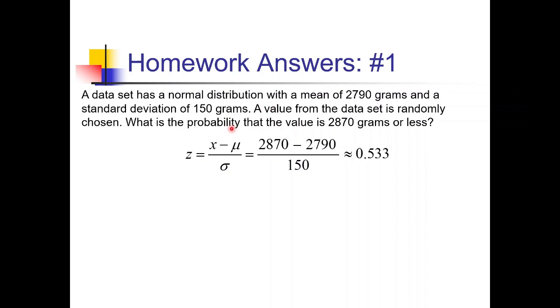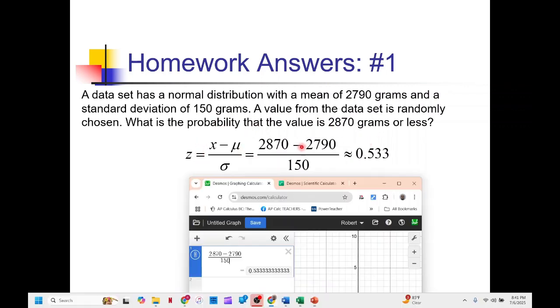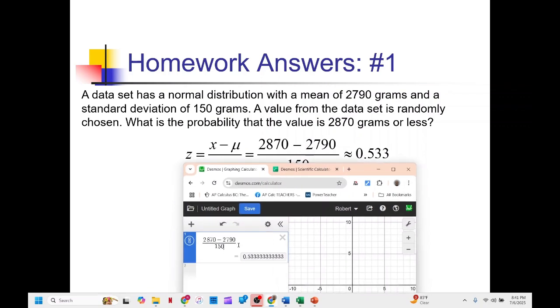In order to get the probability, we need to plug this into our normal distribution function. So let me go back here, and I'll make a new entry. We need to do normal dist, and then 0 parentheses 0, 1.